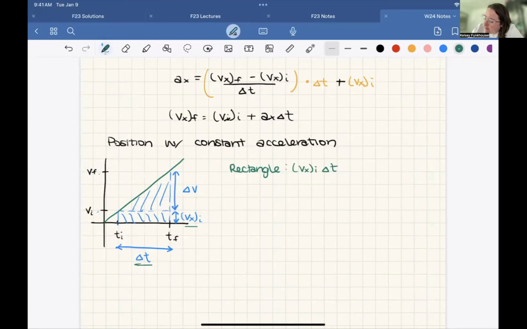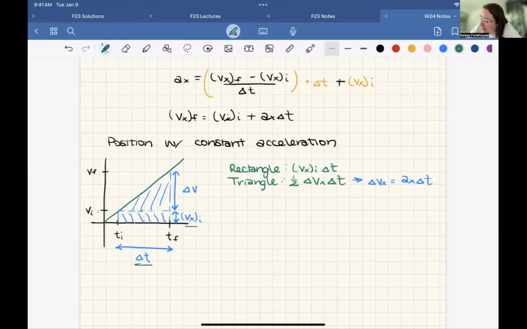And then the triangle is 1/2 base times height. So 1/2 the change in velocity times the time interval. And we also know that the change in velocity is equal to the acceleration times the time interval.